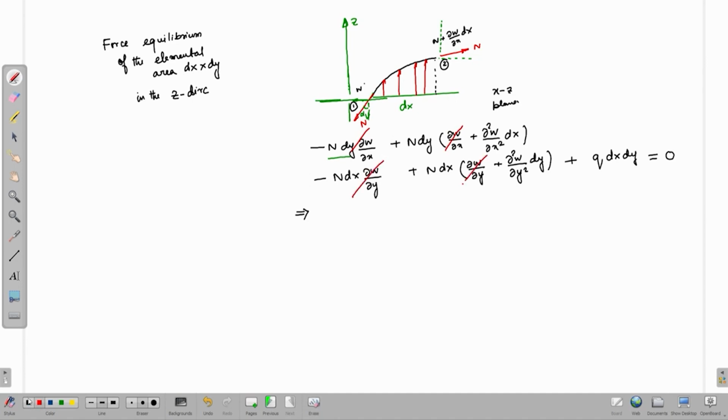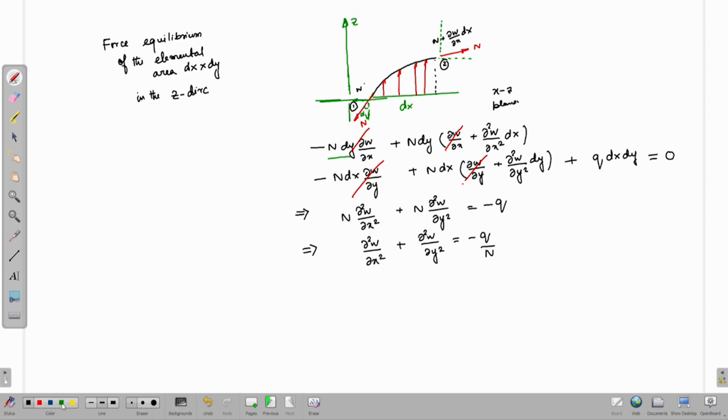So, the whole equation boils down to N, which implies that, so this is the equation of W in terms of x and y.